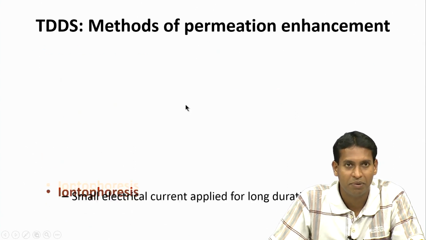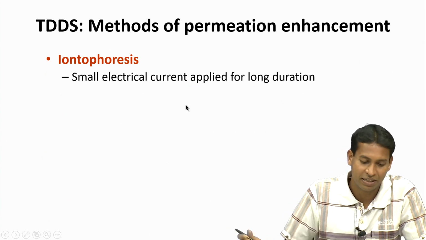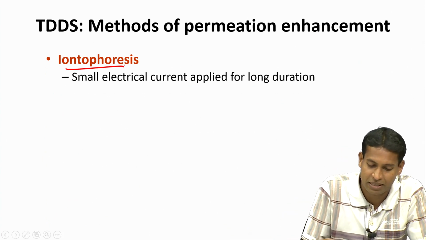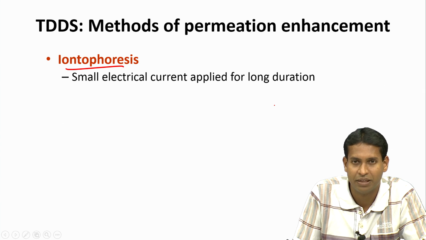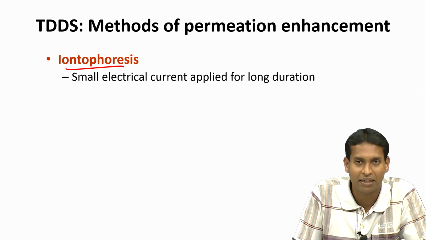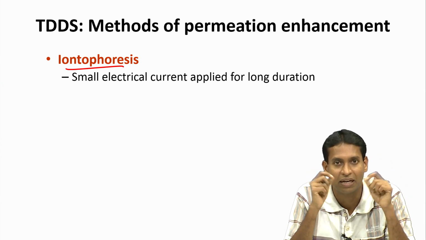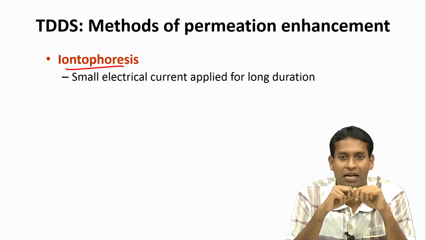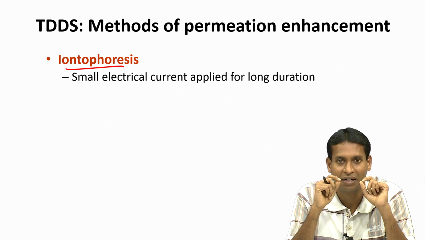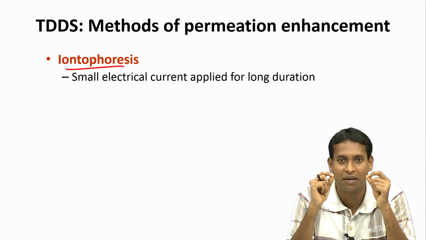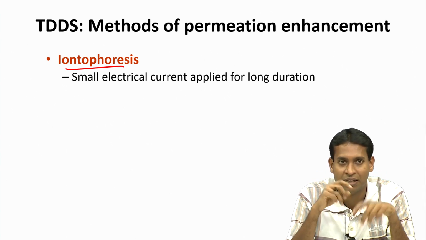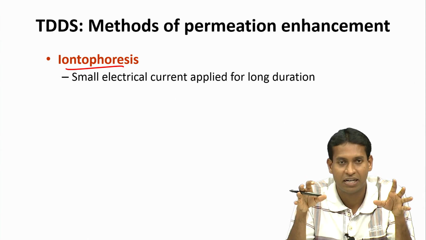So, let us talk a little bit more. Another method is called iontophoresis, a more recent method, in which you apply a small electrical current for a long duration. Because of this current, the layer gets destabilized due to the movement of ions, and the lipids also get charged and move around.